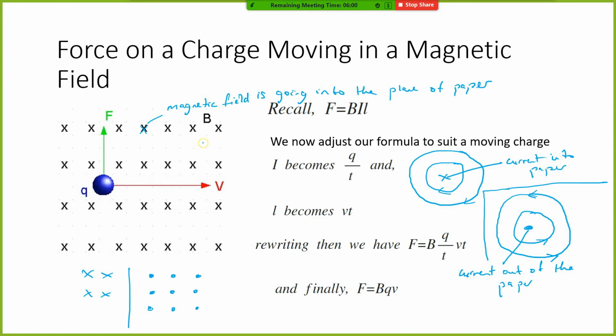Then ensure that your first finger is pointing into the screen. Then your second finger, which represents your velocity, will be pointing from left to right. Then automatically you're going to see that the force on the charge will be going up in the air.